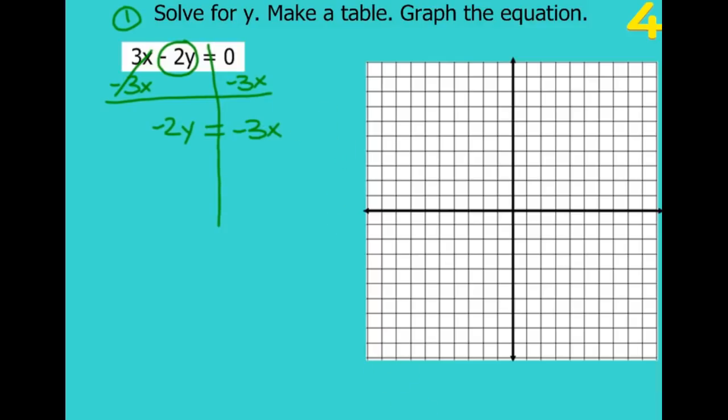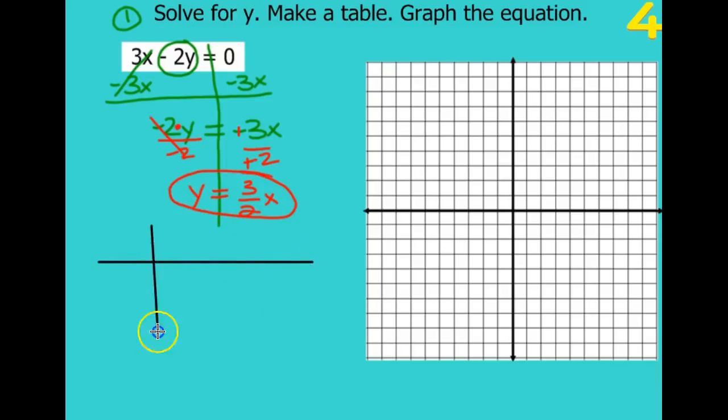It's nothing. And then last, the opposite of multiplying is dividing. Divide by negative 2. So we have y equals, well, two negatives make a positive, 3 over 2x. Always leave that as a fraction if it's not going to be a nice number. Don't convert it to a decimal.